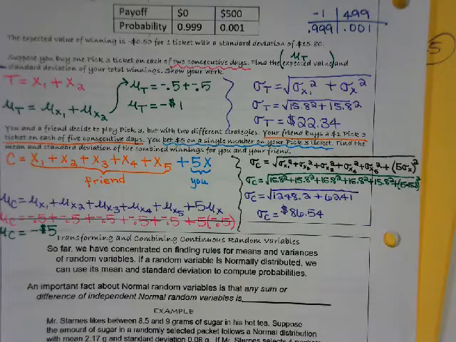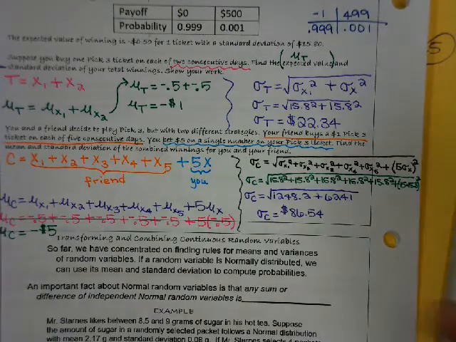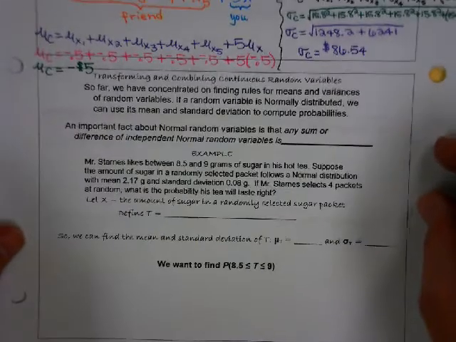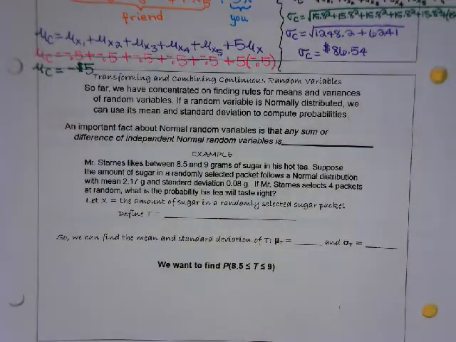All right, now we're going to look at the normal distribution with these type of questions. So far we have concentrated on finding rules for means and variances of random variables. If a random variable is normally distributed, we can use its mean and standard deviation to compute probabilities. That's what we did last class.